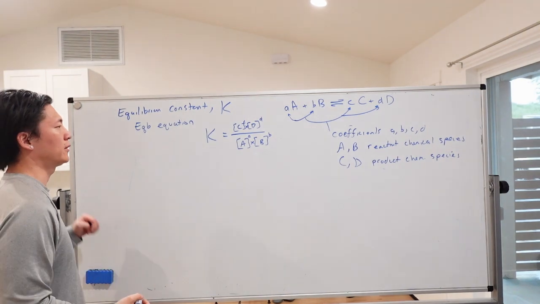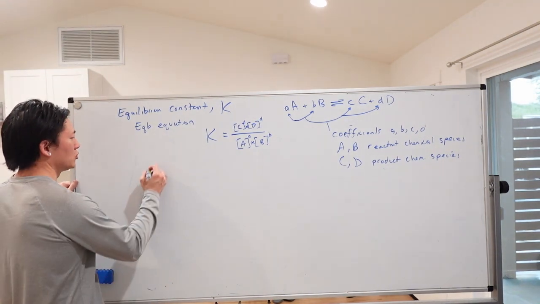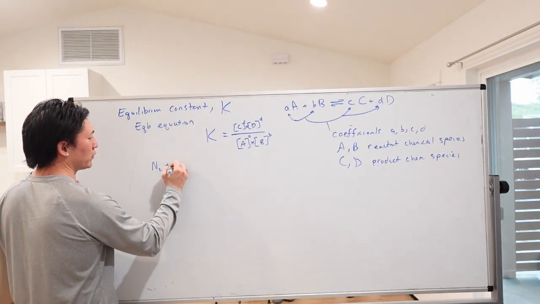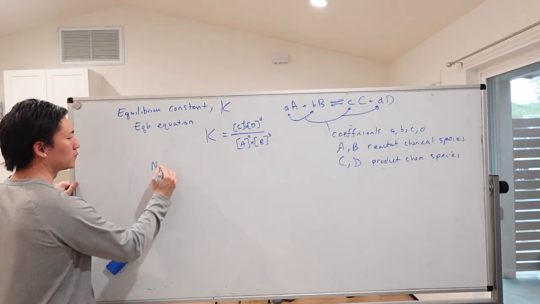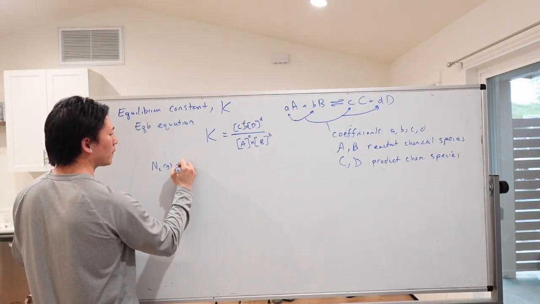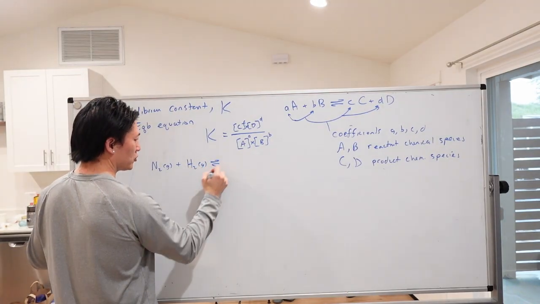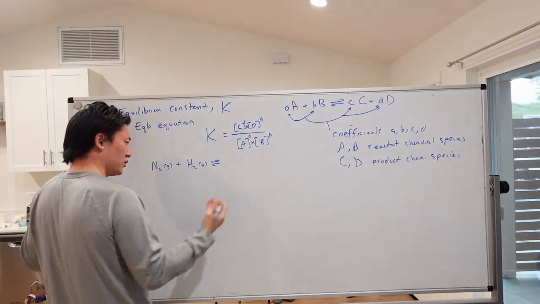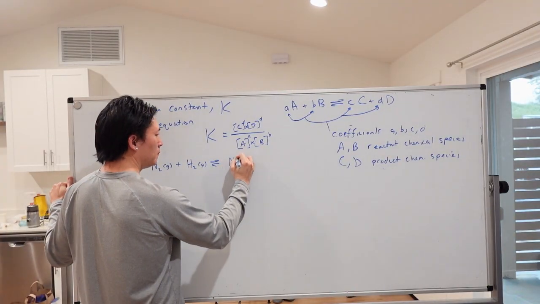Alright, and so let's take a look at an example, a real example. So let's just do N2 reacts with H2, these are gases, all of these are gases. We've seen this equation before, let's assume this is an equilibrium reaction.